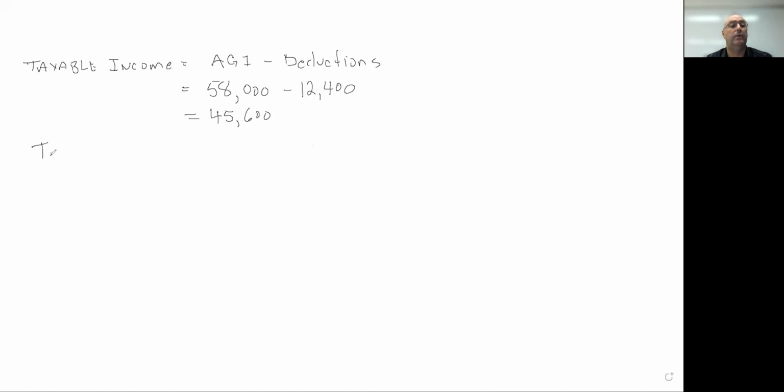Let's do her tax computation first. The first thing you need to do is figure out how much she had over $40,125. So we take her taxable income and subtract $40,125. That gives us $5,475.